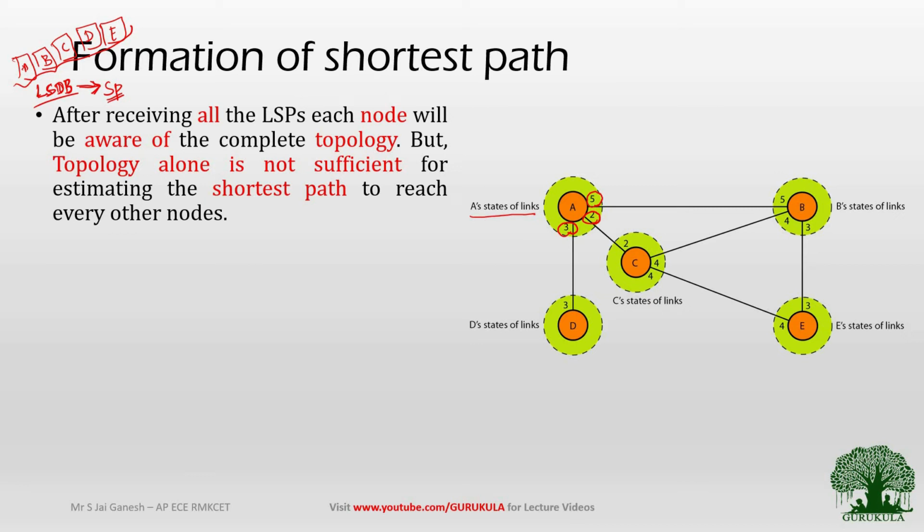Similarly, each and every node has just created the topology, and this is the knowledge that each node will have. This is not sufficient to create the shortest path tree, and also A does not know how to reach E, at least at this particular stage.